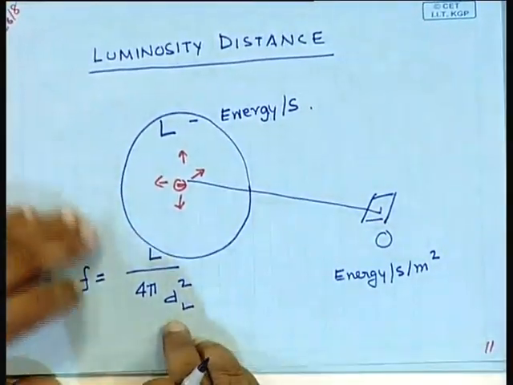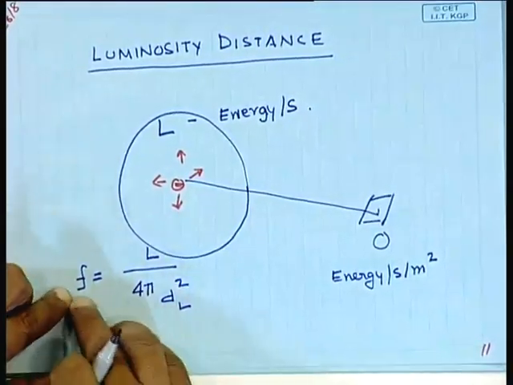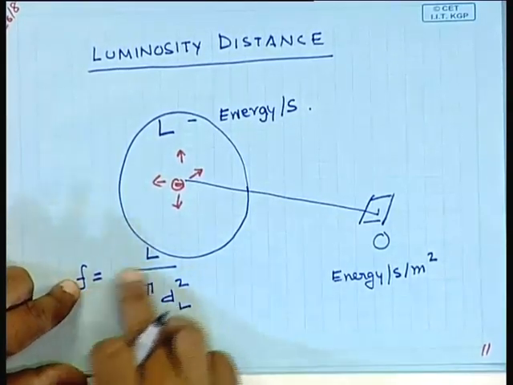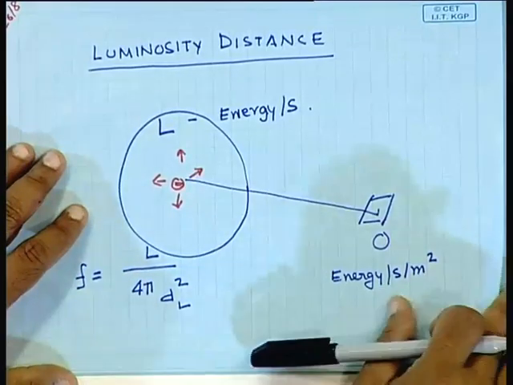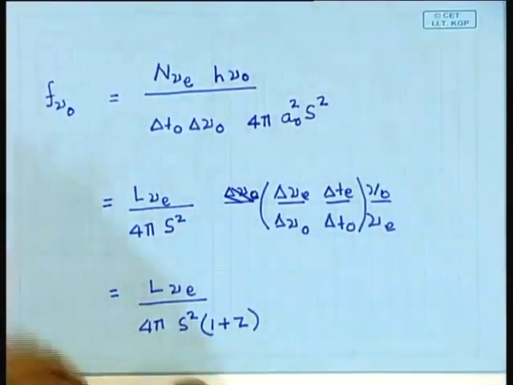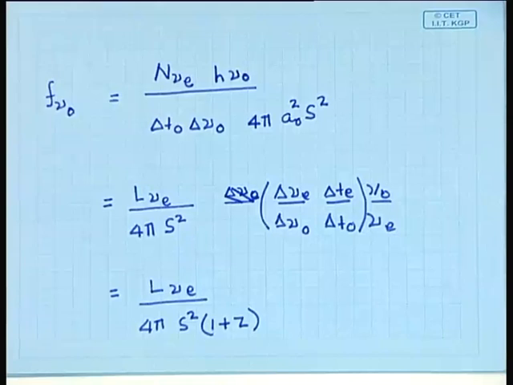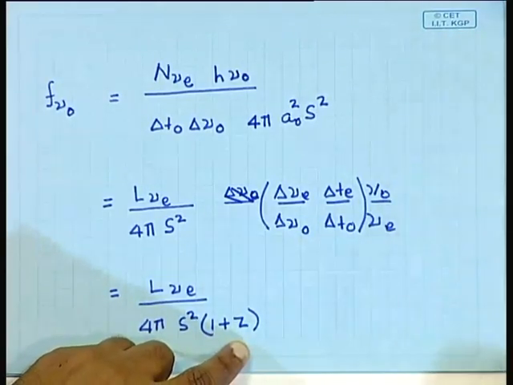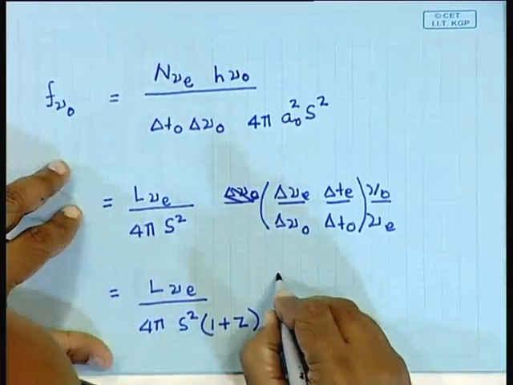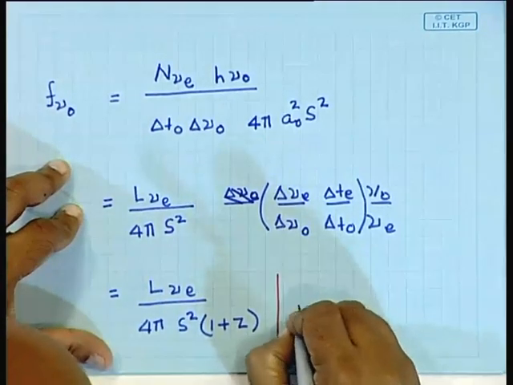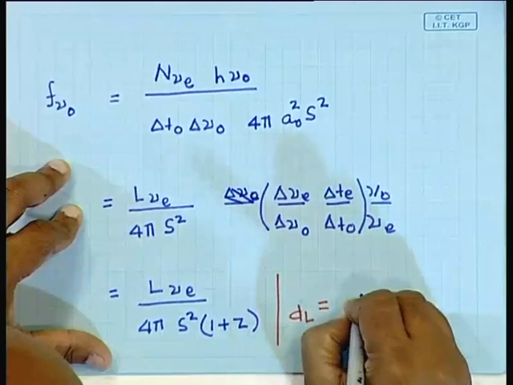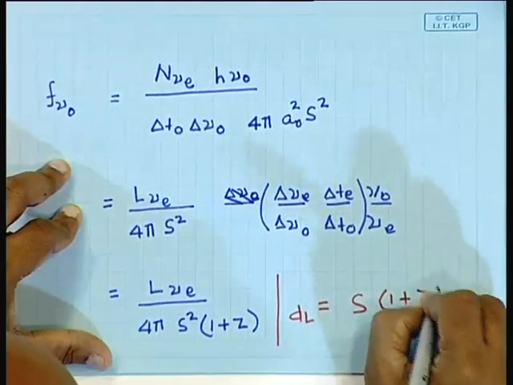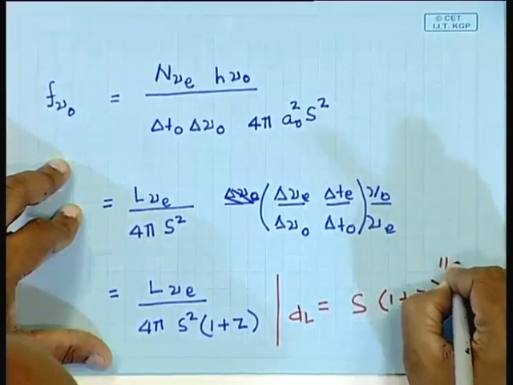So, the luminosity distance is defined through this relation. It is the quantity that relates the flux to the luminosity. What you see from here is that the luminosity distance is S into the square root of 1 plus z. So, d_L is S into (1 plus z) to the power of half.